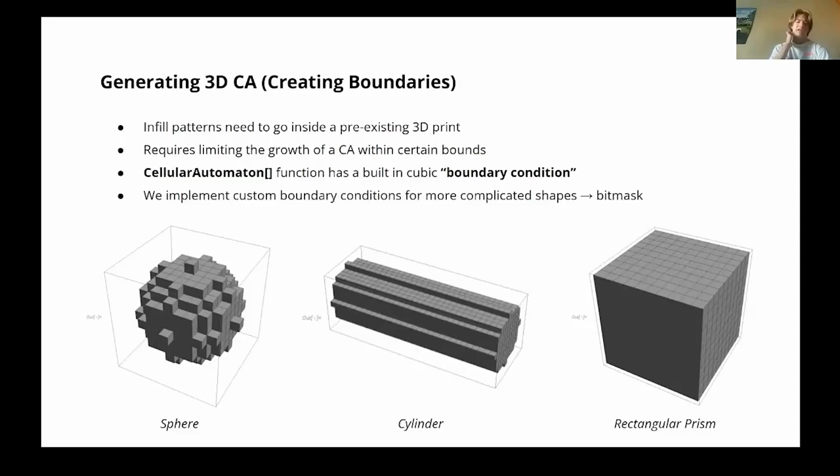And then we applied that bit mask to the shape, and we were able to take any arbitrary cellular automata and conform it to a sphere or a cylinder or a prism. But we need a way to do this with arbitrary meshes, which is what Austin will explain on the next slide.